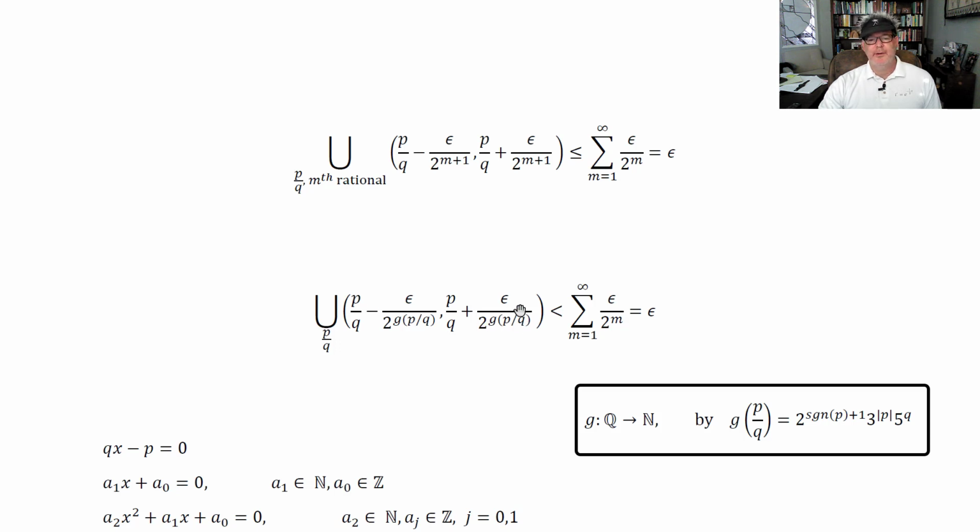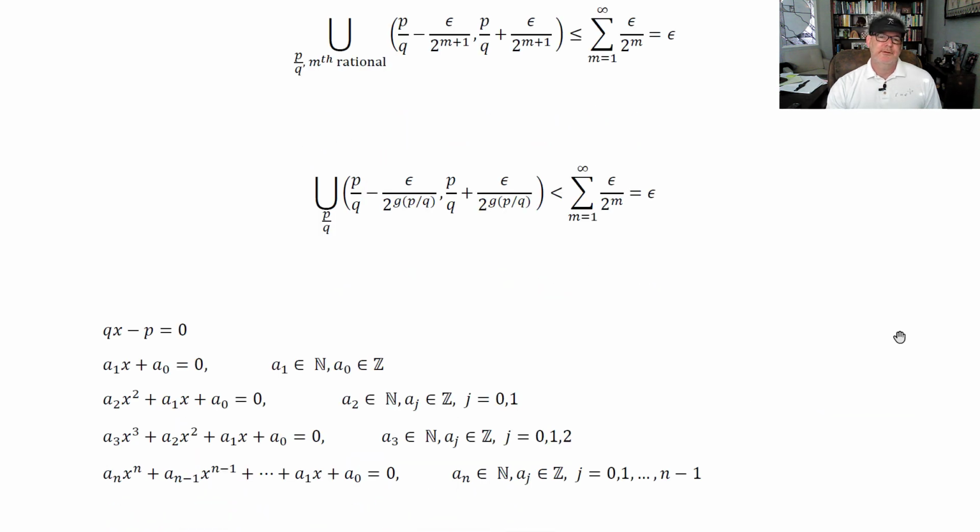And of course we skipped a bunch, so that'll be less than epsilon over 2 to the m. So it'll be less than epsilon for any epsilon. So the rationals have measure 0. They can be covered by intervals as small as we like. Epsilon could have been as small as we like.